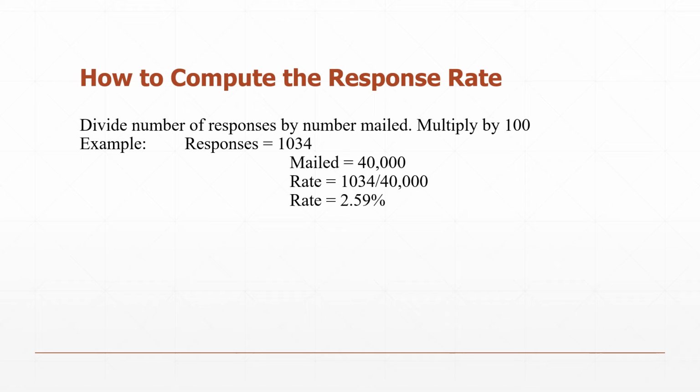The response rate then is 1,034 divided by the 40,000 people that the offer was made to, multiplied by 100 to get the percentage, which is 2.59%. So this is the response rate, 2.59% to this particular offer.